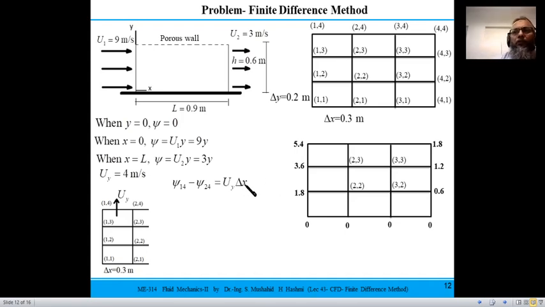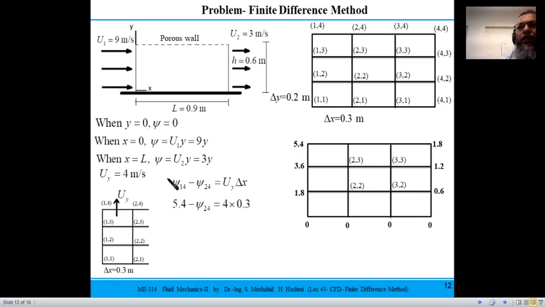So even if it is not mentioned, you can write the units to be meter square per second, because meter per second multiplied by meter would be meter square per second. So that would be the change in the value of the stream function. What I know is information at 1 comma 4. I can work out information at 2 comma 4 because these two values are known to me.